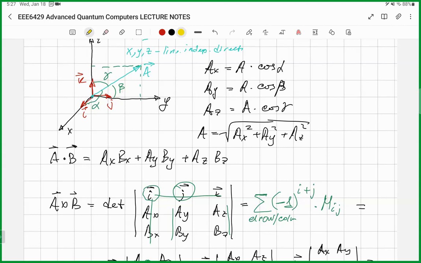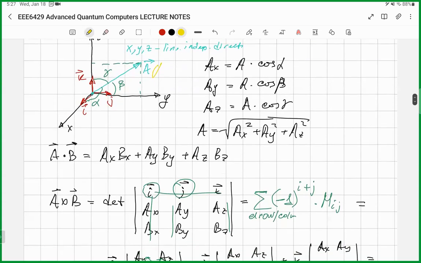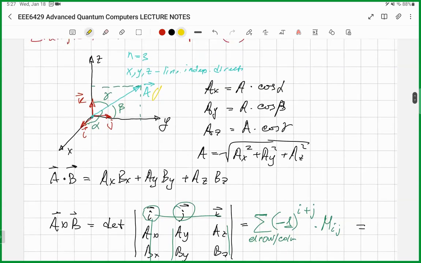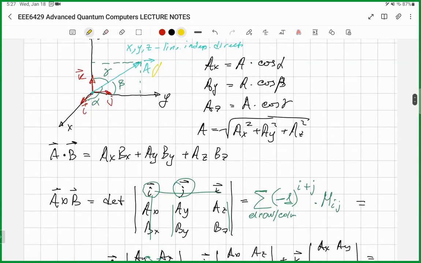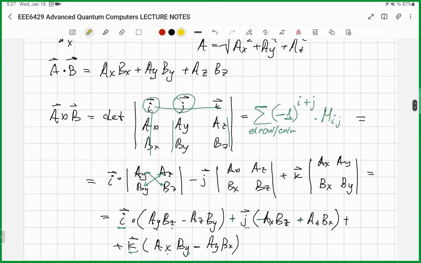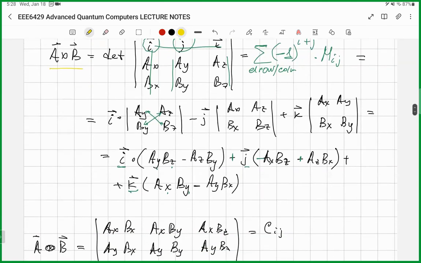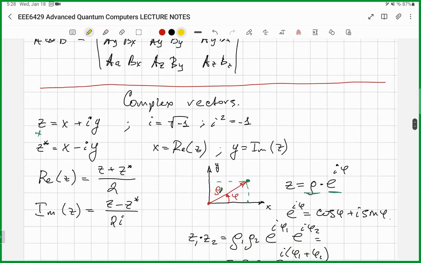And then any vector, like vector A here, can be represented by its projections on all the coordinate axes x, y, and z. Then we discussed how to find the dot product and the cross product. Here is the formula for the determinant and the tensor product.